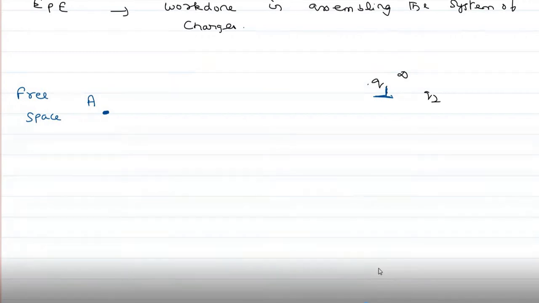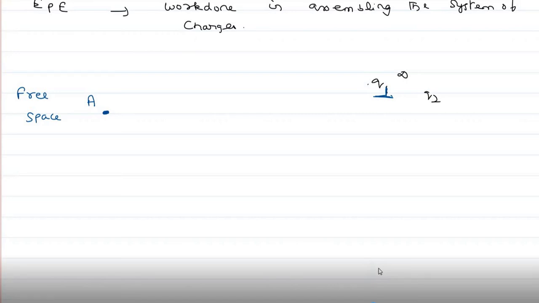Work done is 0 because what is the definition of electric potential or electric potential energy? Work done in bringing a charge from infinity to that point against the electrostatic force. Is there an electrostatic force at this point A? No electrostatic force. It is free space.